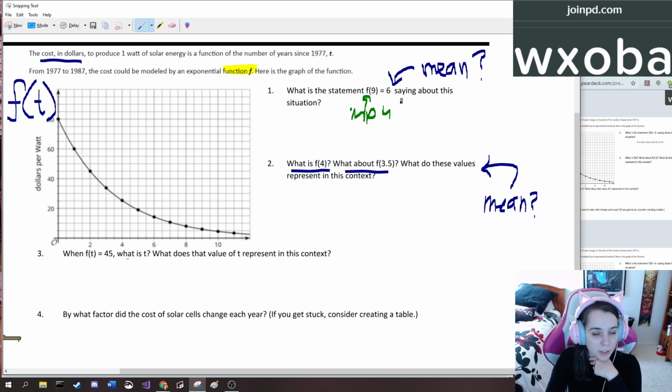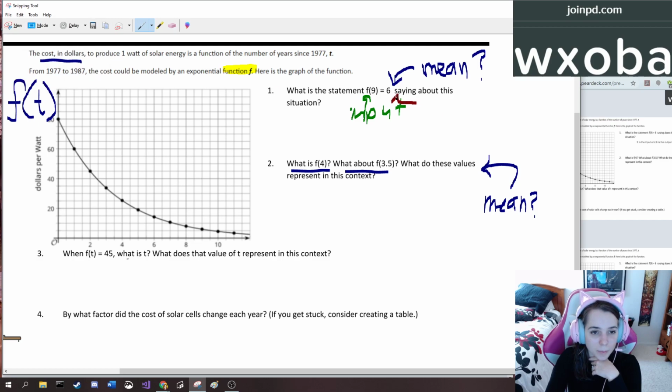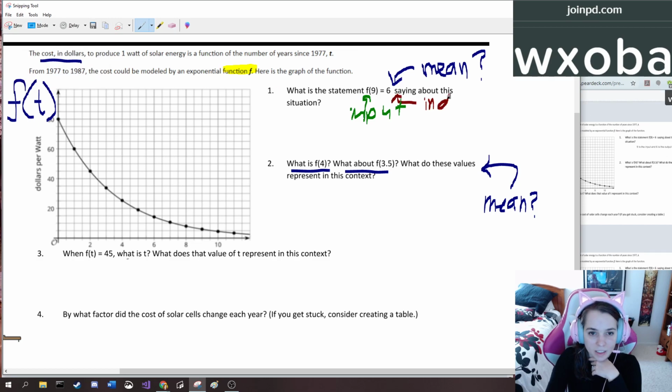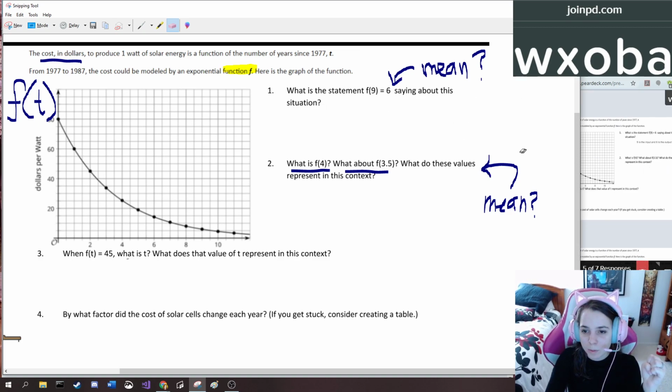This is going to be our input, which is also our independent variable, and that 6 is our output. But how about in this particular context? Because that's always going to be true. However, when it's asking what does it say about the situation, we really want to talk about what it means in the context of this solar energy and the cost to produce solar energy.